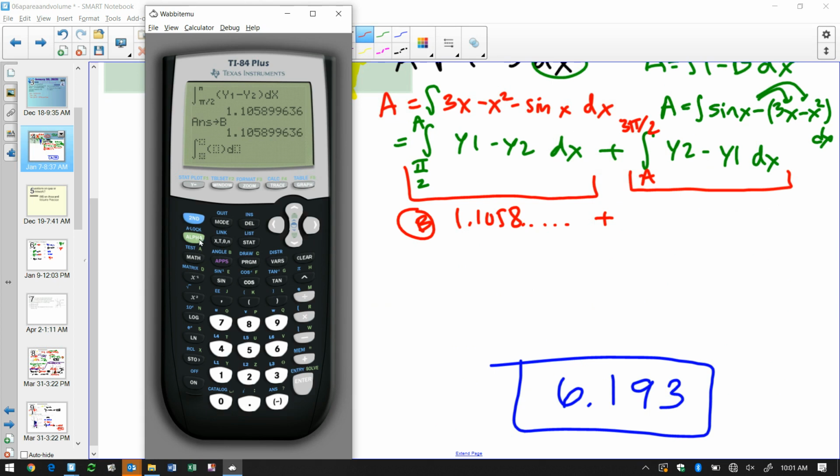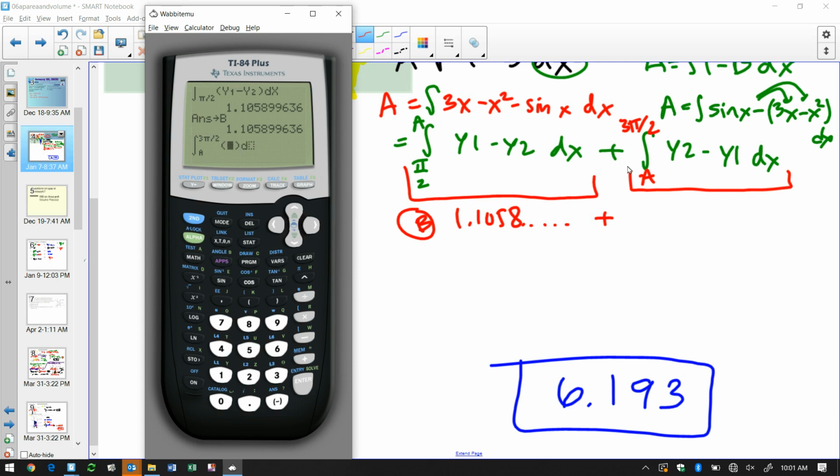And now it'll go from alpha A to 3 pi over 2. So 3 second pi. Oops, that's not second. Oops. I'm terrible at the calculator. Okay, math 9. Alpha A, 3 second pi divided by 2.